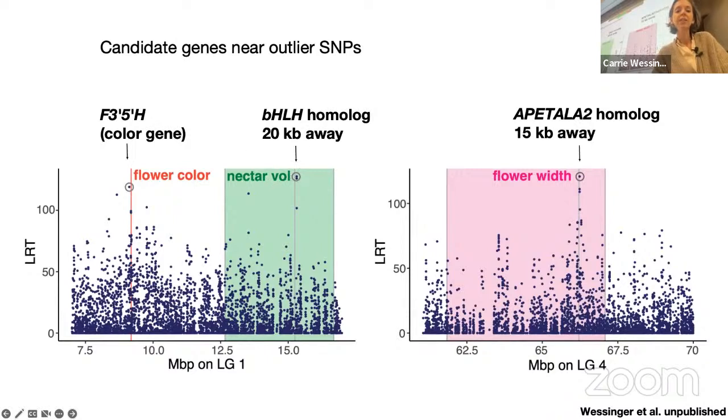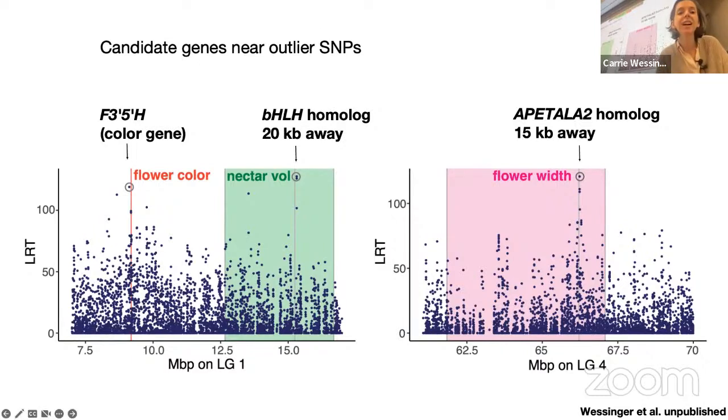So strongly associated SNPs near our nectar volume QTL are right next to this basic helix-loop-helix transcription factor. And members of this are known to affect the patterning of trichomes. And Penstemon nectaries are a patch of glandular trichomes. And so we're interested in this as a possible candidate gene.